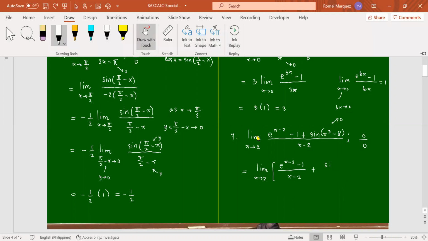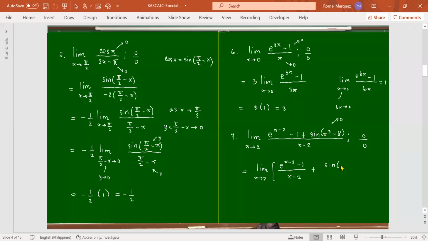Oh, dali, time na. X cubed minus 8 all over x minus 2. Ano yung multiply ko sa second term? Ano yung multiply ko rito, guys, para maging x cubed minus 8 ang ilalim? X squared plus what?